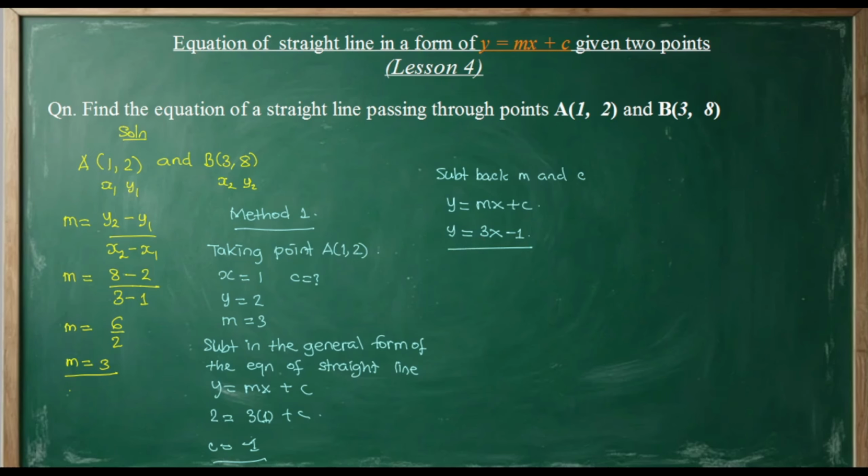Let's move on to method number 2 and see how it looks. So method 2 is we also take one of the points.